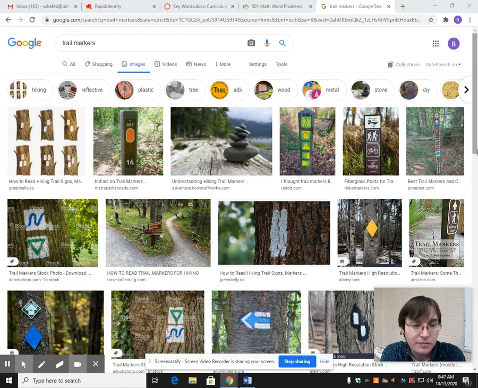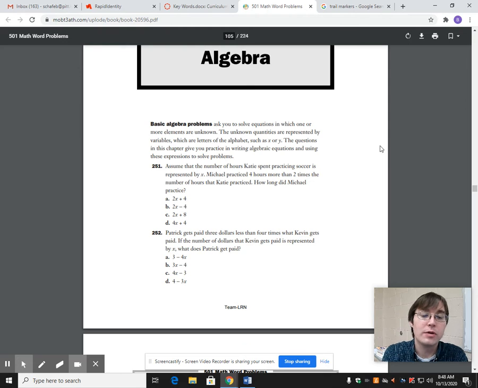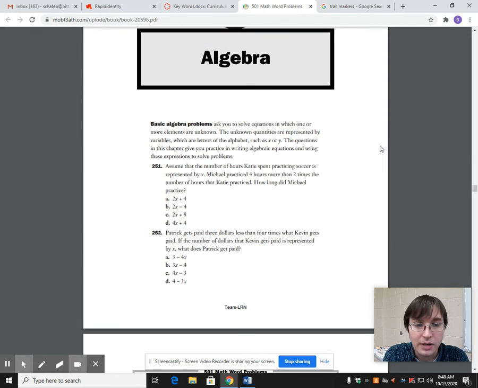So, this week we're going to be talking about something that's a little bit like trail markers. We're going to be talking about word problems. So if I've pulled up a word problem, like the couple that I have here, and I read through it, it says, assume that the number of hours Katie spent practicing soccer is represented by X. Michael practiced 4 more than 2 times the number of hours that Katie practiced.